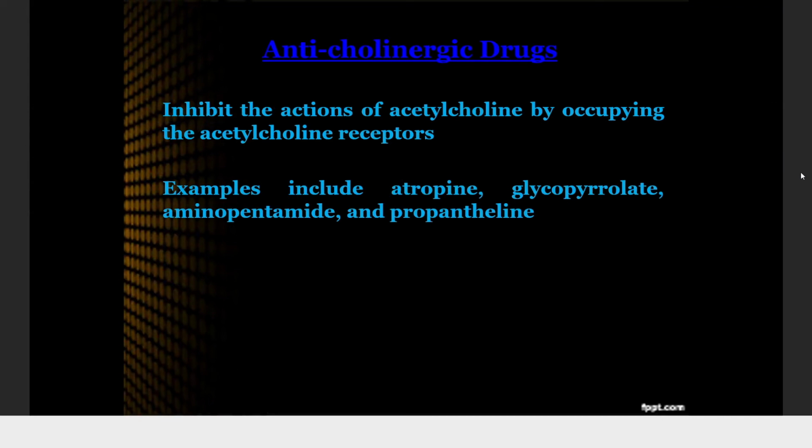Atropine blocks the M cholinergic receptors; it occupies them. On the smooth muscle, the pharmacological effect of atropine is that it causes relaxation of the visceral smooth muscle controlled by cholinergic receptors, and removes muscle spasm.